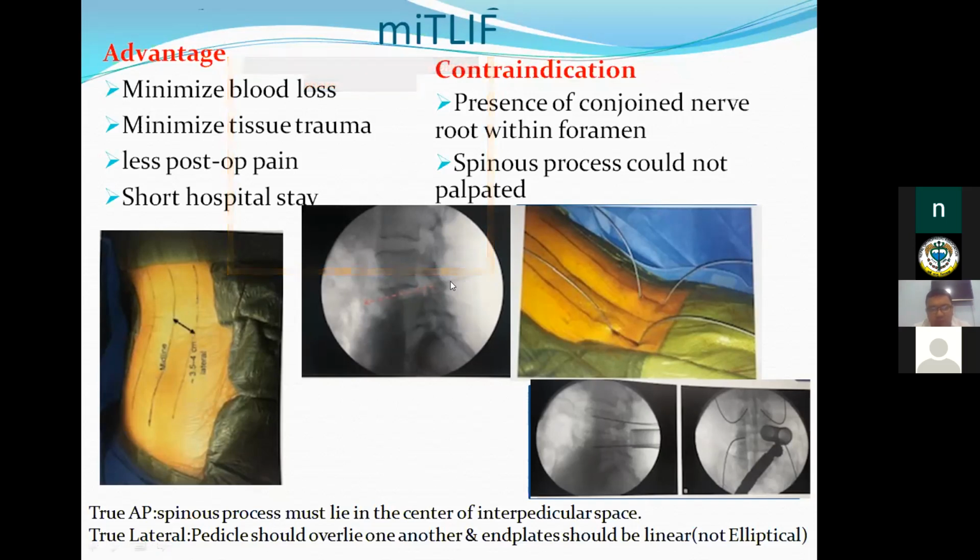In the lateral view, the imaginary line should pass through the disc space. That's how we locate the area. Once we locate the area, we insert the pedicle screw by percutaneous technique, pass a serial dilator through the K wire, and finally put a tubular retractor, and the rest of the procedure will be the same as in open technique.